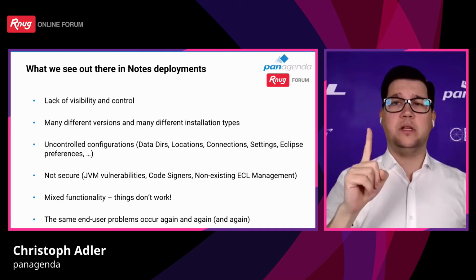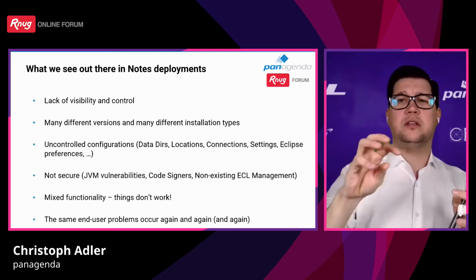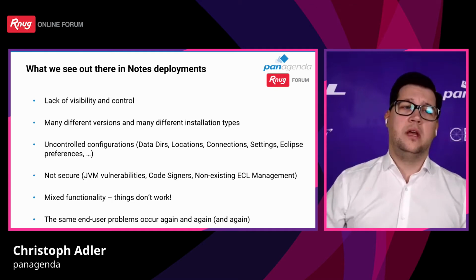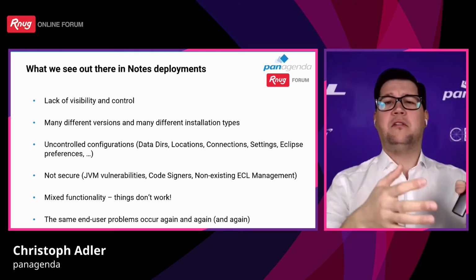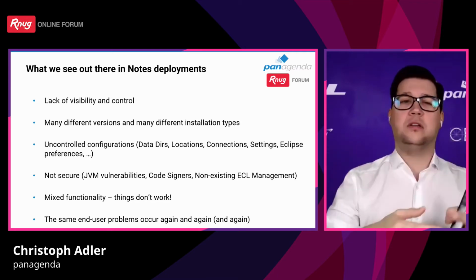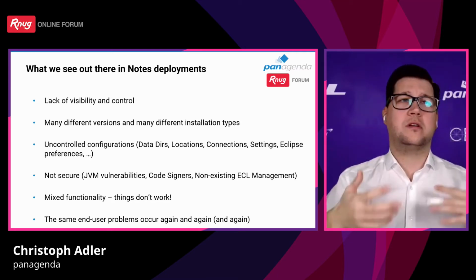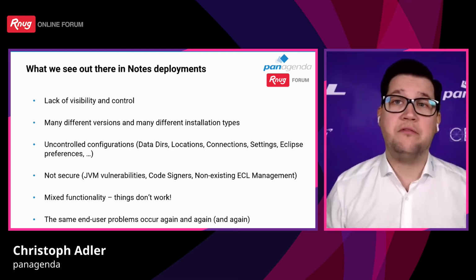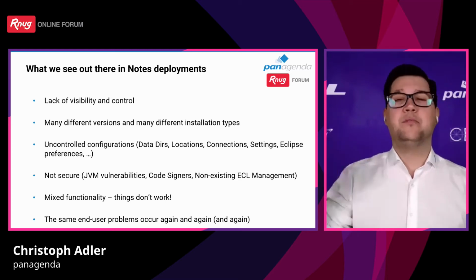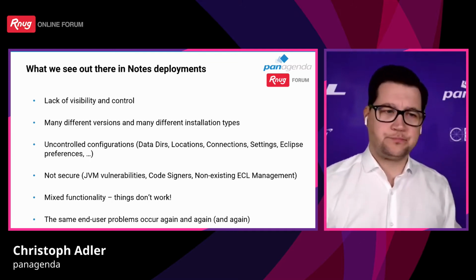So one company, but different Notes installations out there. Uncontrolled configuration means different data folder locations, different location documents, connection documents, settings in general, which means user preferences, Eclipse preferences, and so on, right?